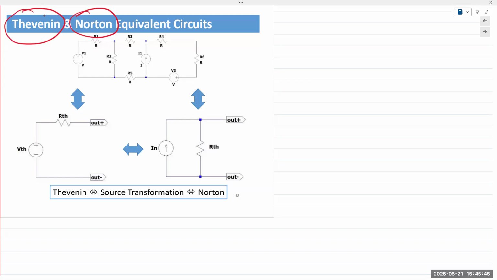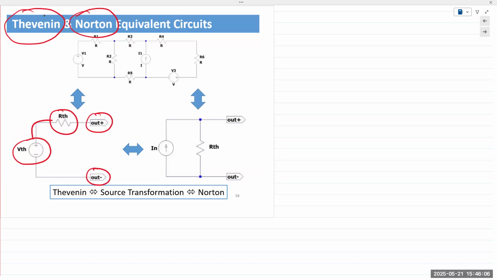The form of the circuits are like this. You have a single voltage source in series with a single resistor, between your terminals of analysis.